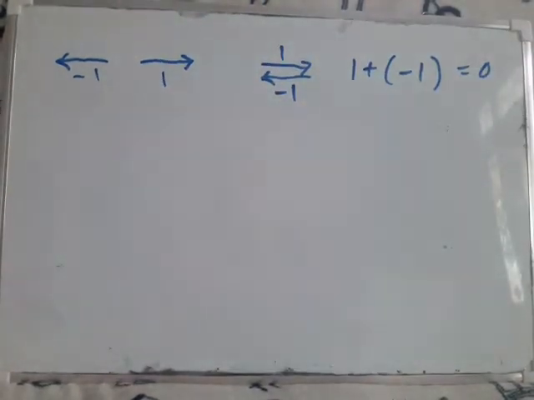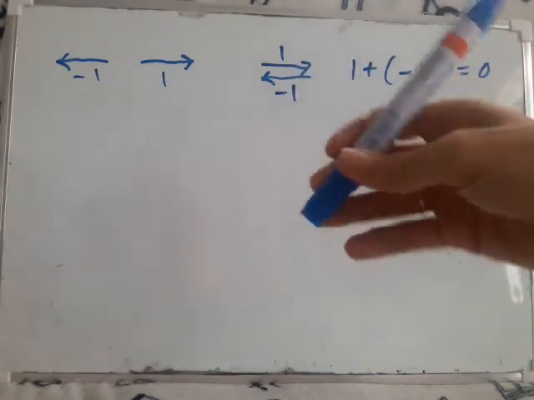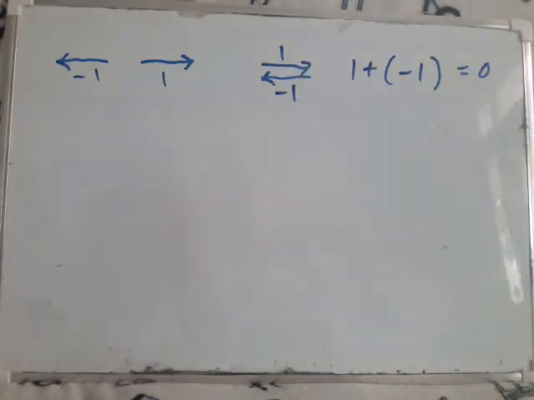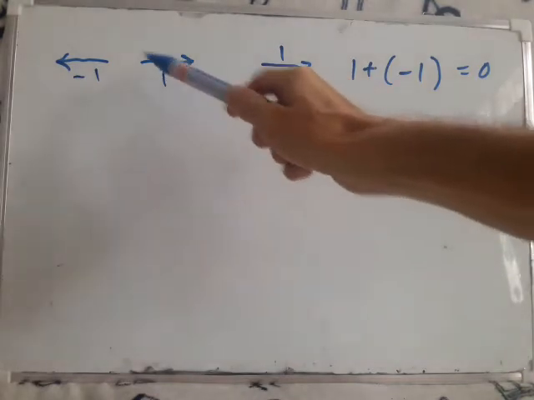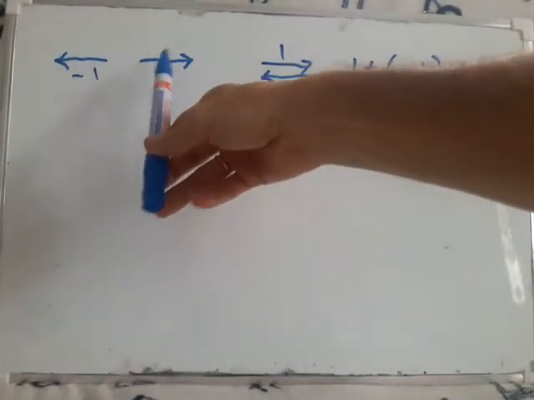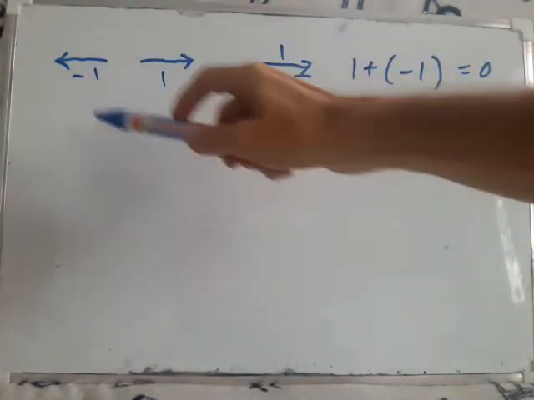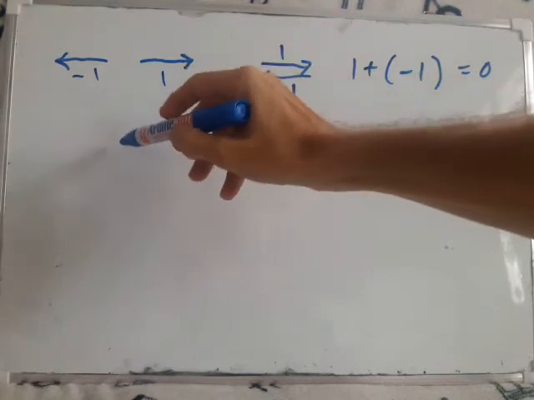We come up with this rule which says if you multiply by a negative number, the result gets rotated by 180 degrees. So to multiply 1 by -1, we rotate this 1 by 180 degrees to get the -1.